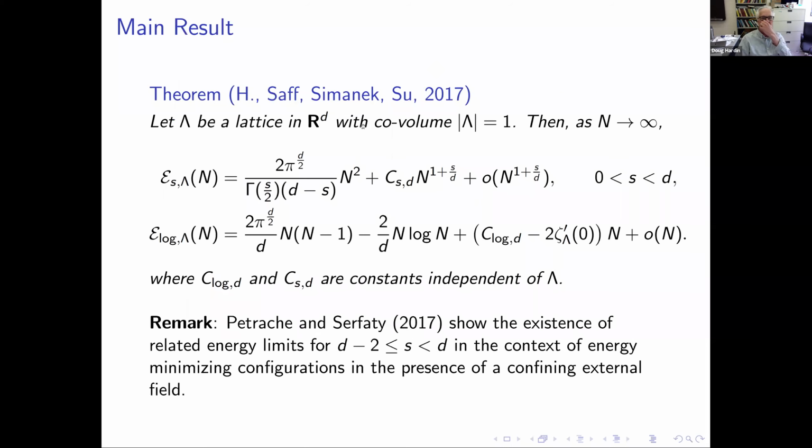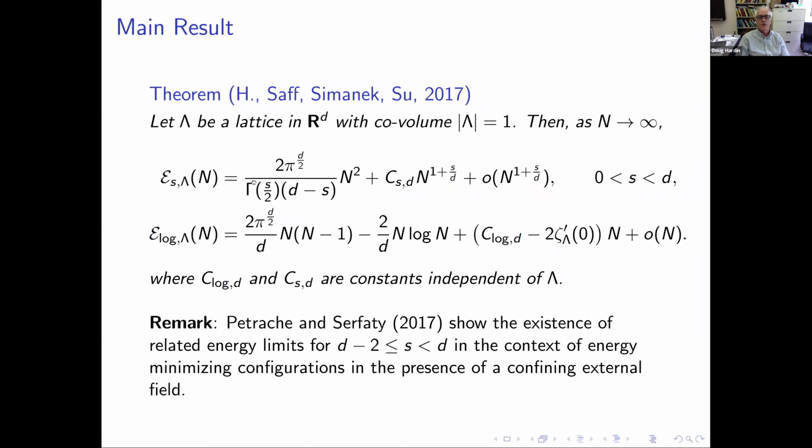I do want to say our main result is that if you pick a lattice in R^D, and I'm going to normalize it so that the co-volume is 1. Otherwise, the co-volume is embedded in some of these formulas. Then we again get an n² term. This coefficient is again just an integral of our periodic potential over the fundamental cell.